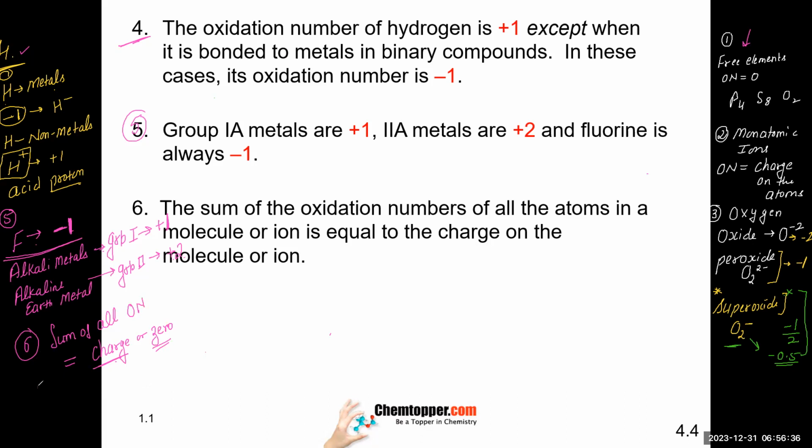So let's do rule number 6. For example, if I give you NO3 minus, is nitrogen mentioned anywhere in rules 1 to 5? No, there is no rule for nitrogen. Nitrogen can show variable oxidation numbers. So you're going to assume this nitrogen has X. Do you know the rule for oxygen? As I said, in all polyatomic ions, oxygen is oxide.